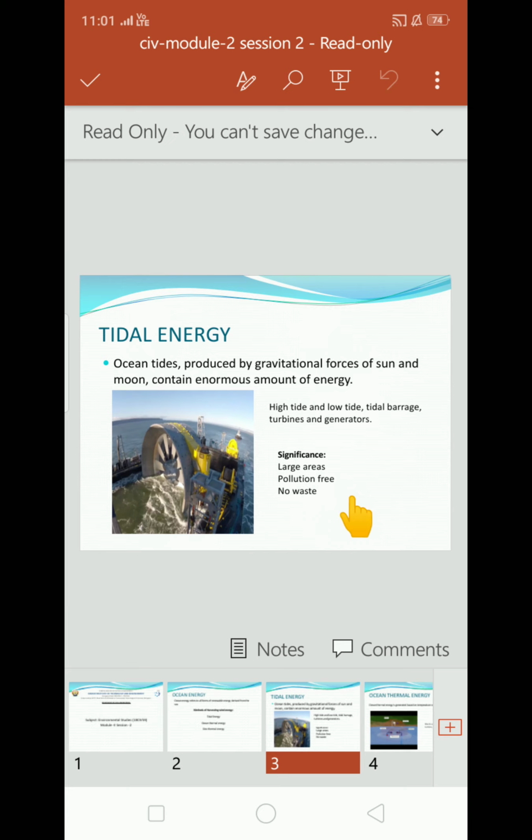So tidal energy is nothing but this: the ocean tides produced by the gravitational force of the sun and moon contain an enormous amount of energy. Here the technique involves high tide and low tide, which refer to the rise and fall of water in the oceans, and this tidal energy can be harnessed by constructing tidal barrages across the flow of that water.